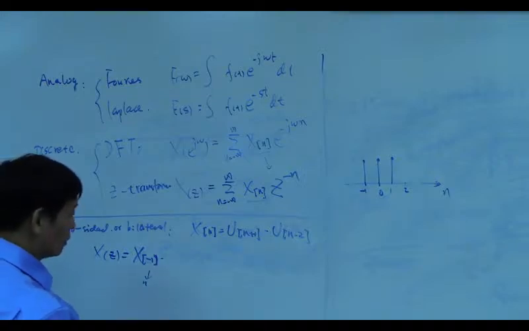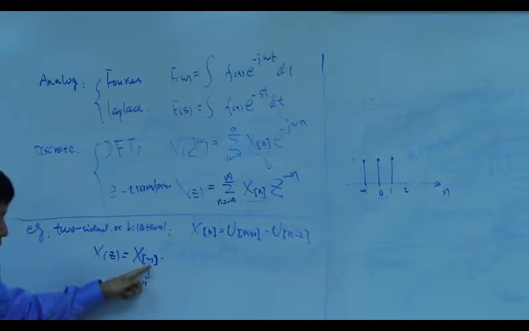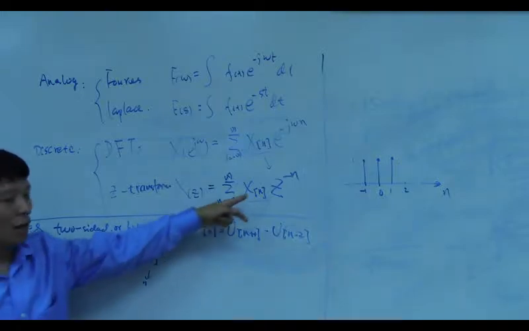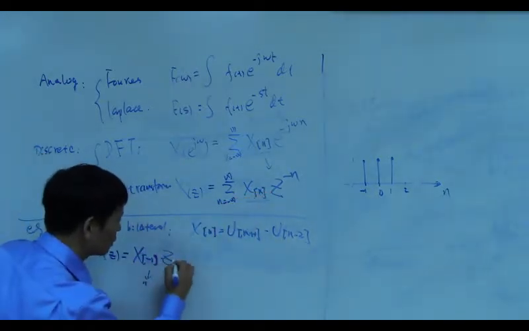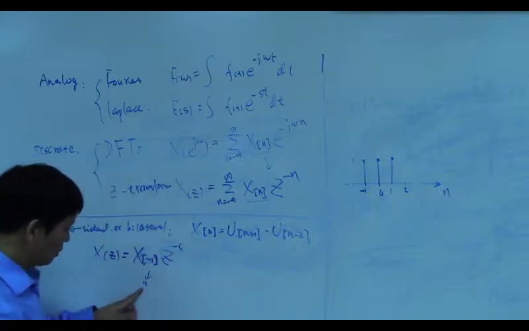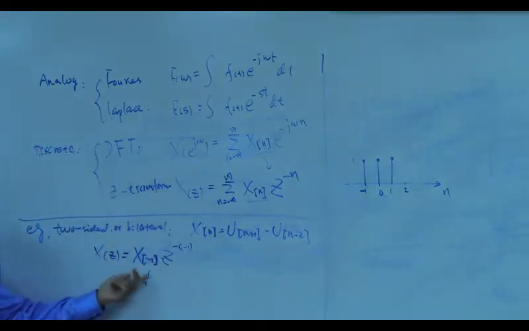Look at the definition of the z transform. x[n] times z to the negative n, right? Yes? What is n? -1. That's the first non-zero value.